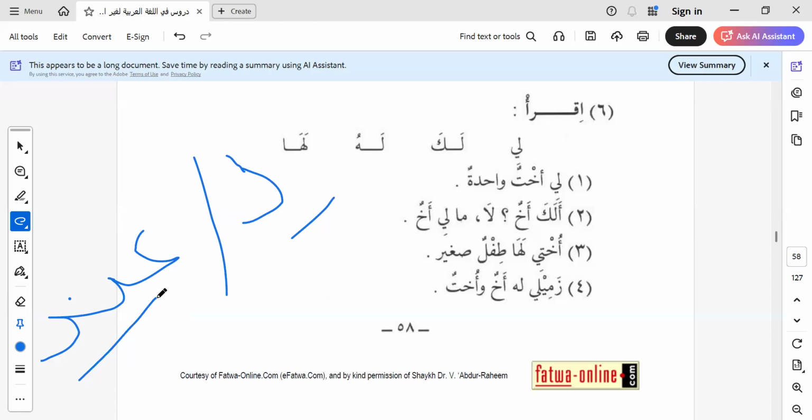Now, I'm saying that you can use li for a non-living thing as well. In what sense? If someone found a book and they are saying, whose book is this? The book, take note, is yours, but it's not in your possession at the moment you're talking. So you would say, Al-Kitabu li.